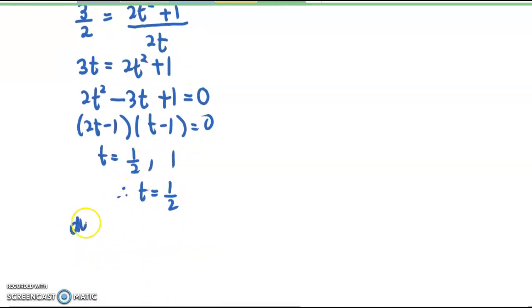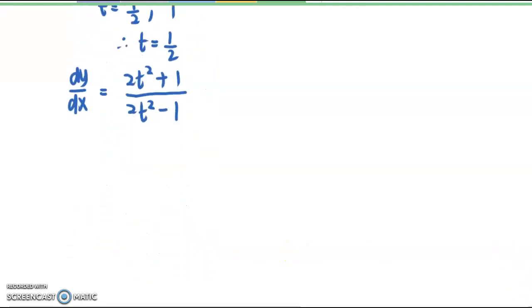So we have dy over dx equals 2t square plus 1 over 2t square minus 1. dy/dx when t equals 1 over 2.